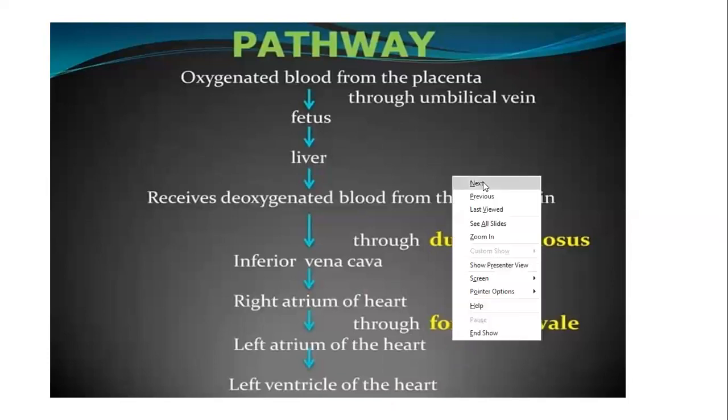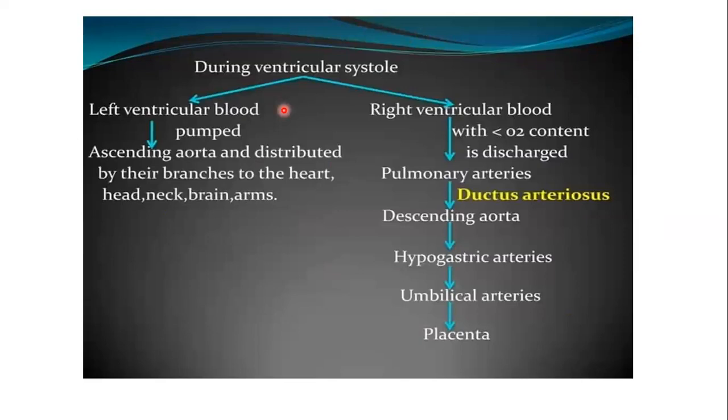From the left ventricle, during ventricular systole, the blood is pumped into the aorta. Most of it goes through the ascending aorta, distributed to the head, heart, neck, brain, and the arms. That is the upper part of the body.